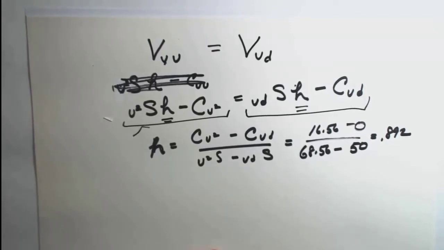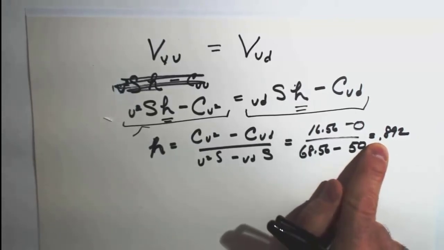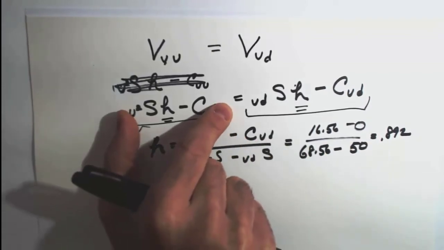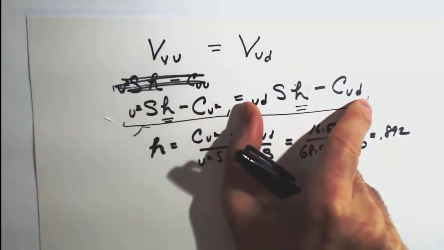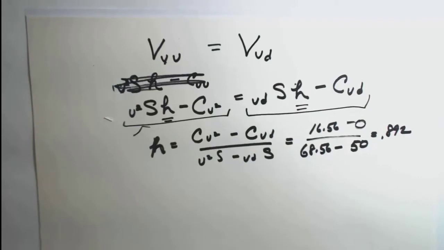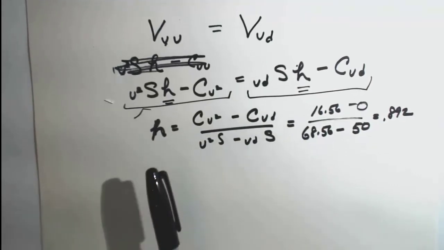So let's continue now. And so now what I'm saying is if we have just under 1 share of stock, then the value of the portfolio going up will equal the value of the portfolio going down, or up and then down. Now let's go another step further and form a riskless portfolio.